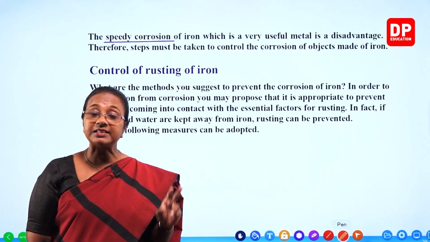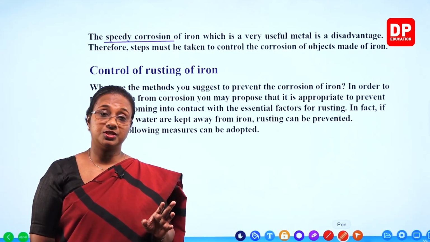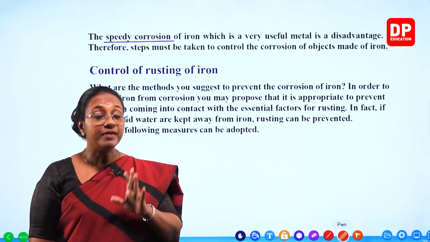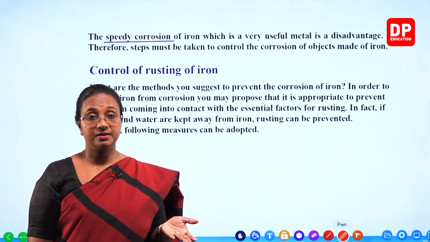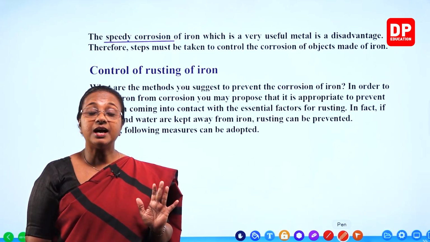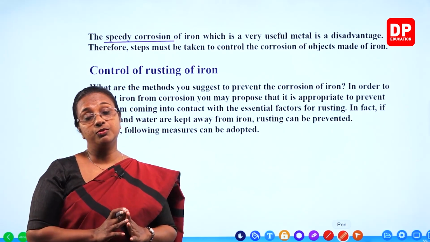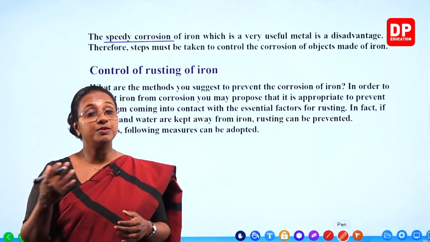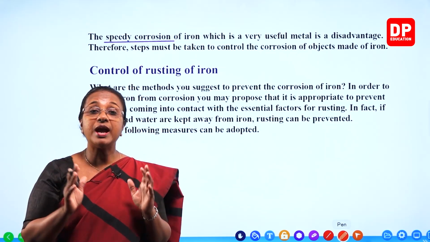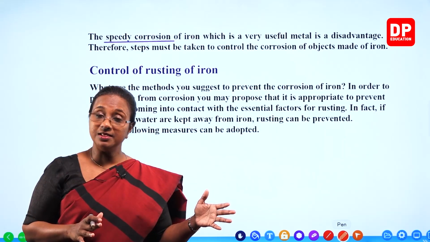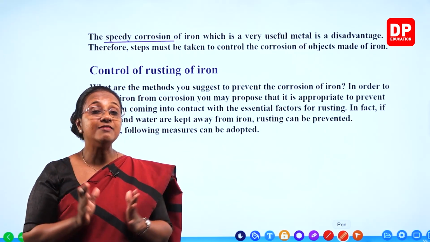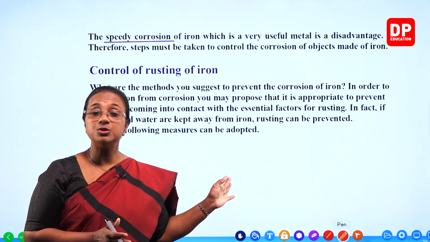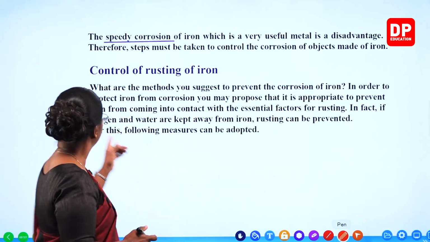You all know the factors that are essential for corrosion: oxygen in air and water or vapor from the atmosphere. If you can remove oxygen, or remove water, or prevent the contact of iron with one of these factors, then we can prevent rusting.